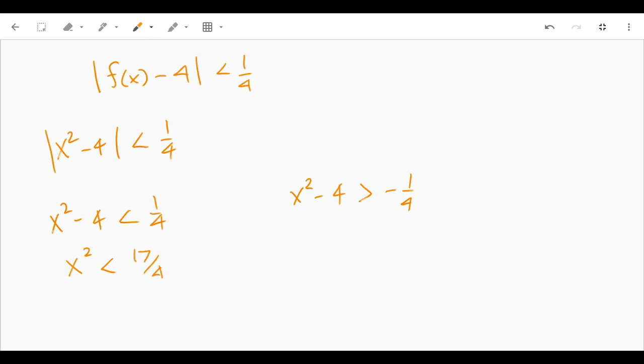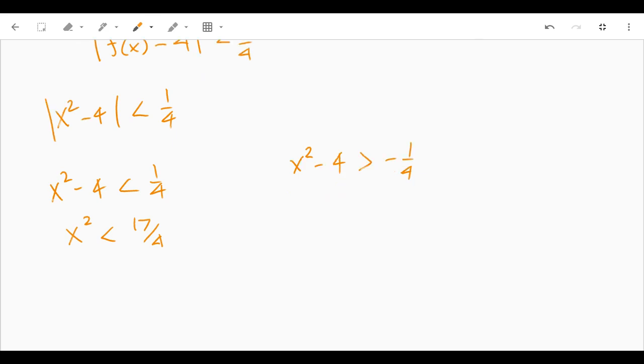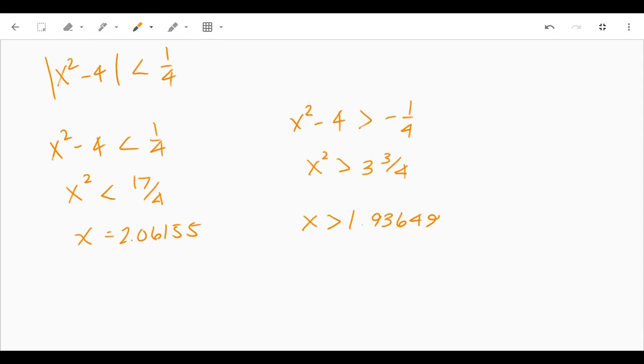I'm just going to use a calculator for that. The square root of 4 1/4 is 2.06155. Here, x squared has to be greater than 3 3/4, so x has to be greater than 1.93649.